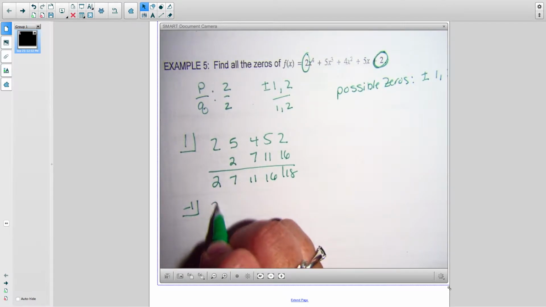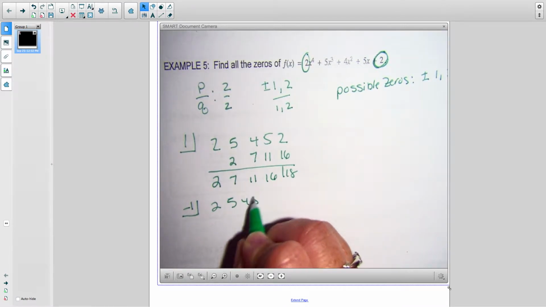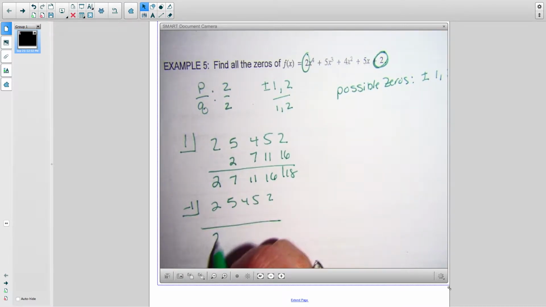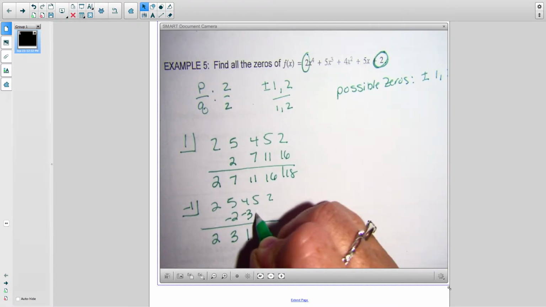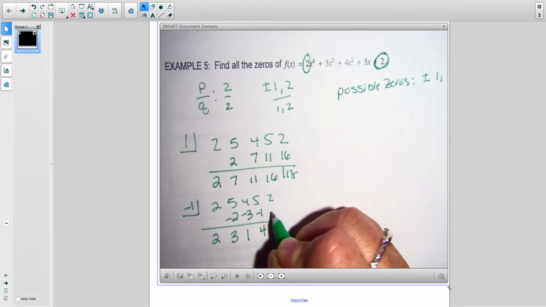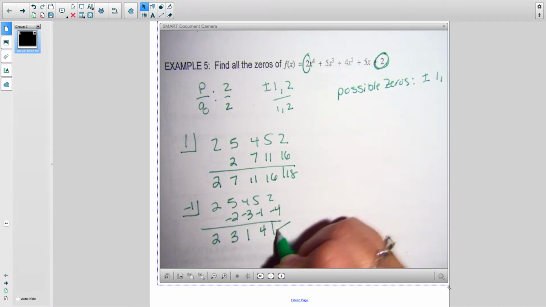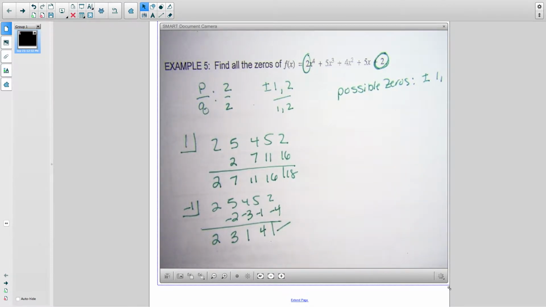So we've got our 2, 5, 4, 5, 2. Drop the 2 down. Negative 2, that's 3. Negative 3, that's 1. Negative 1, that's 4. Doesn't work. I don't need to do that math, I know it's not going to work. So now we're going to try negative 2.